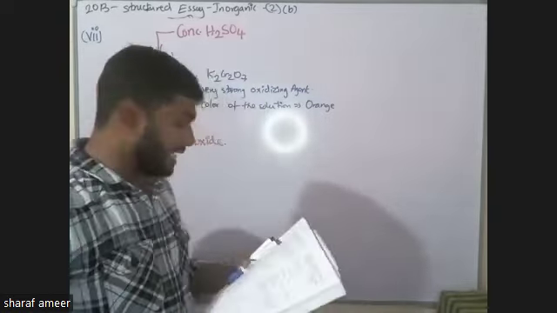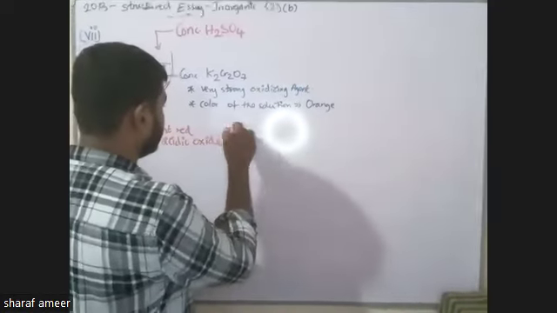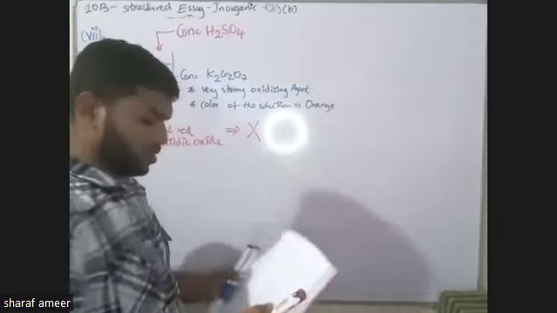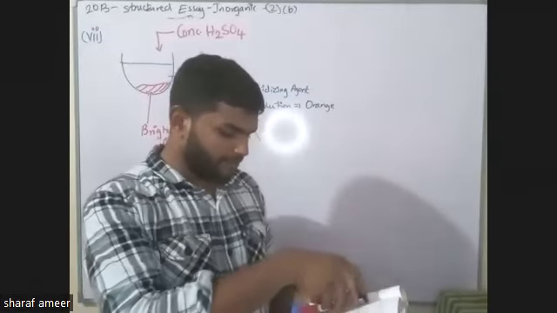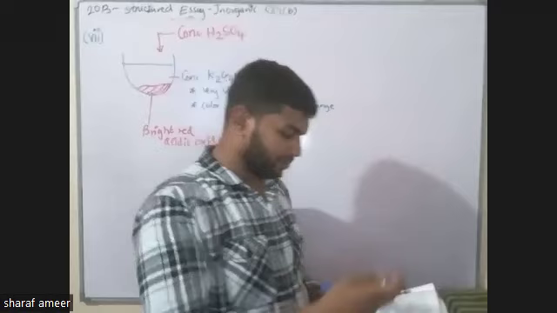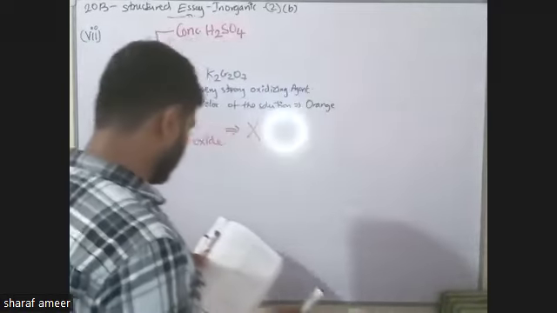So this is X. On heating, the green color amphoteric oxide Y is obtained.